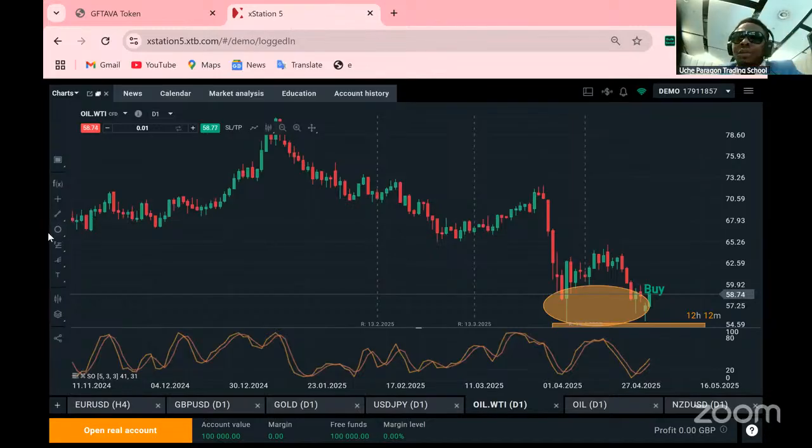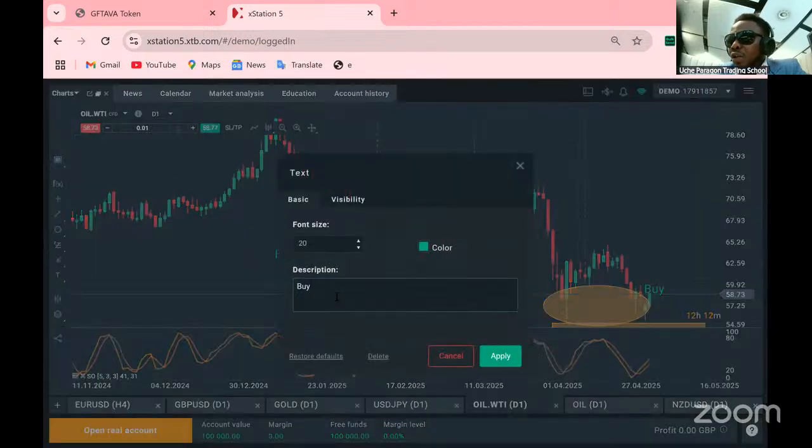Okay, then you use 0, let's say 1 lot, which gives you $10 movement.